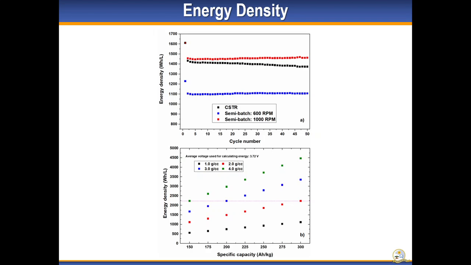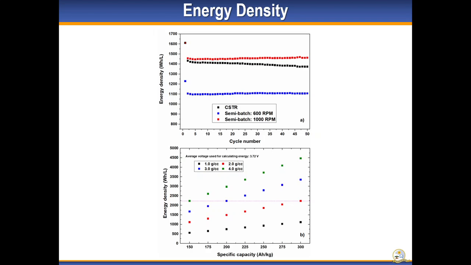The second diagram shows that the effect of energy density on the specific capacity is very dependent on the tap density of the material produced.